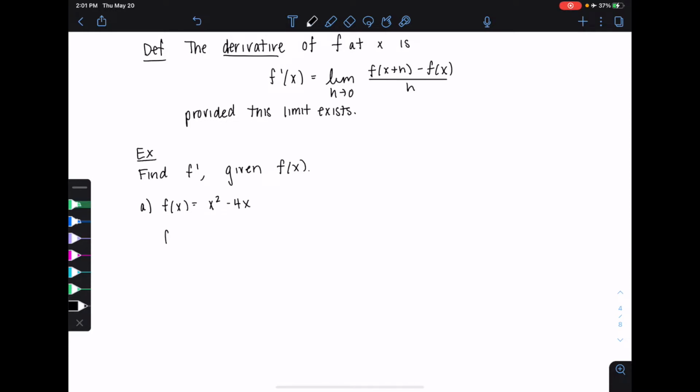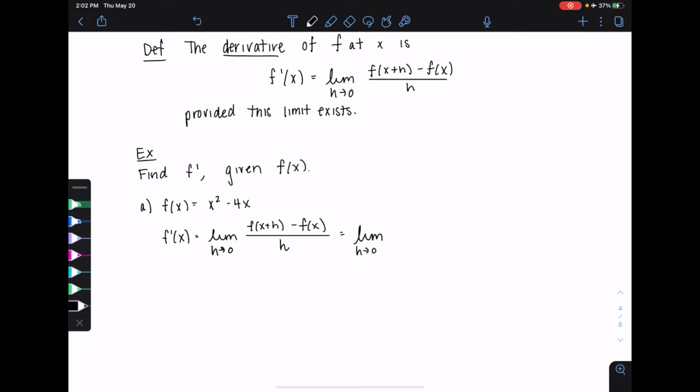So to find this derivative, I need to take the limit as h approaches 0 of f of x plus h minus f of x, divided by h. That is our difference quotient. So utilizing our function, I've got to go ahead and plug x plus h in for x, which is not pretty.